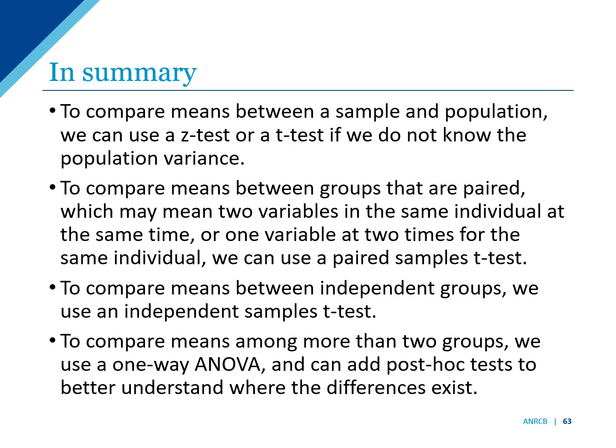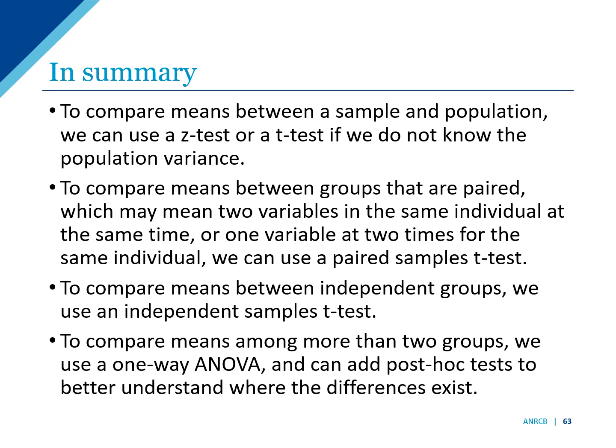This has been a very dense section with quite a bit of review from Module 6, but applied to the mixed data and using Stata software. To summarize, in this section you've learned the following. To compare means between a sample and population, we can use a z-test or a t-test if we do not know the population variance.